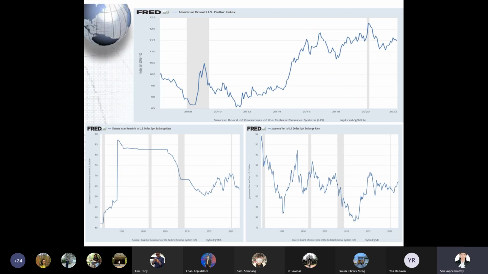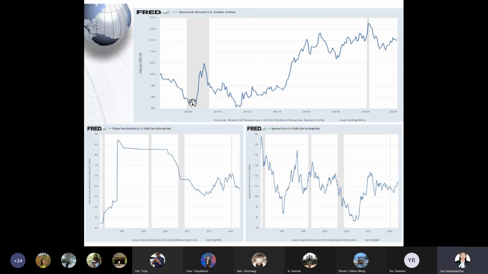So this is just an example of the exchange rate. The top graph is the U.S. nominal broad dollar index. The nominal broad U.S. dollar index is actually a trade-weighted exchange rate. I mean, it is weighted between the US and its trading partners.